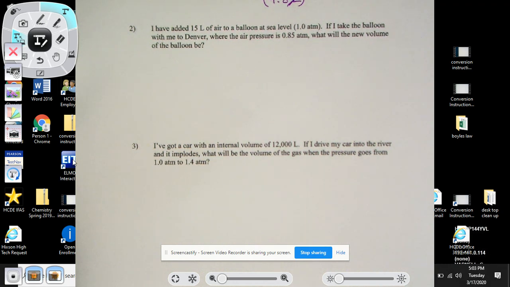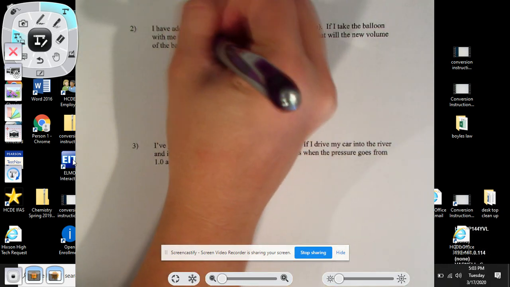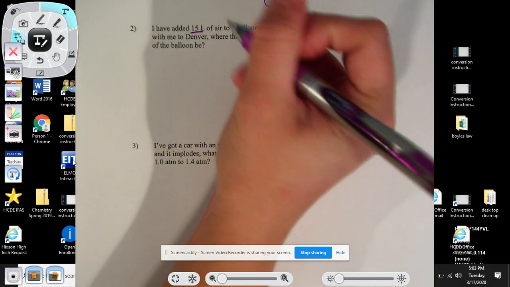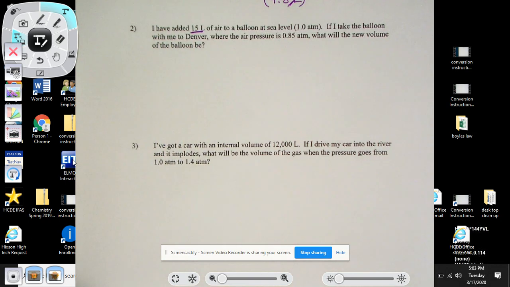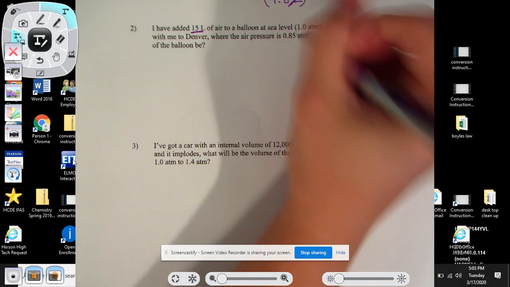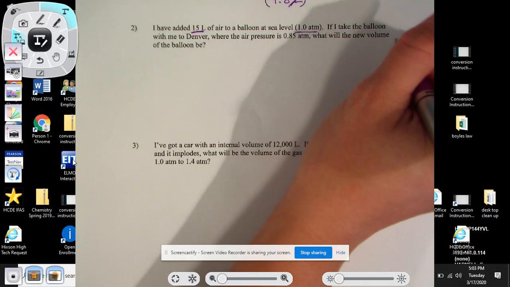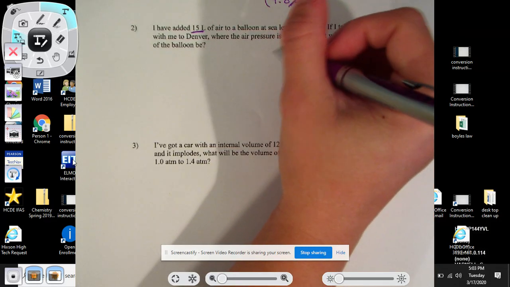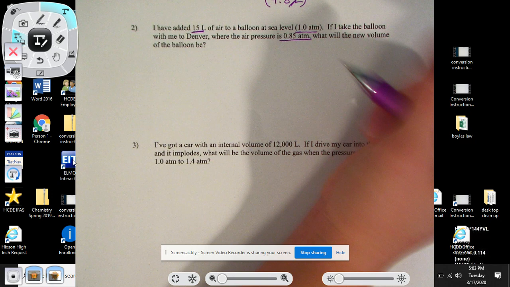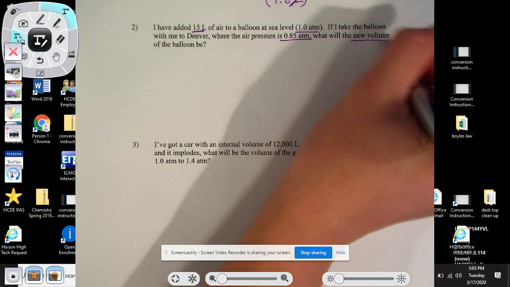Okay, so to do another: I've added 15 liters of air. So 15 liters indicates that it is a volume. To a balloon at sea level of 1.0 atmospheres, so we know that's going to be a pressure. If I take the balloon with me to Denver, where the air pressure is 0.85 atmospheres, what will be the new volume?